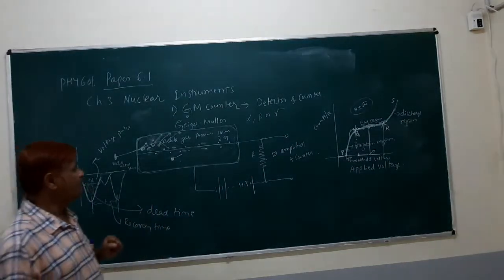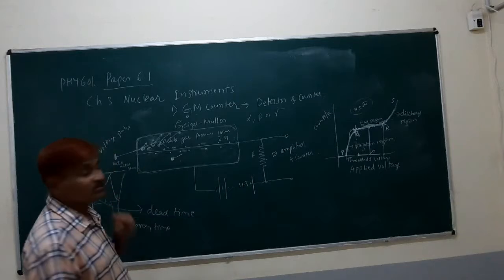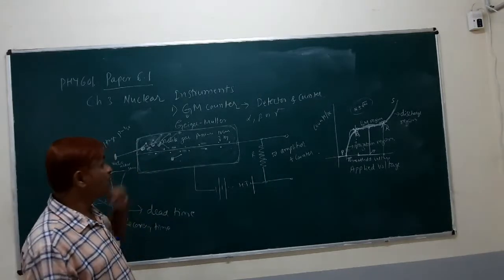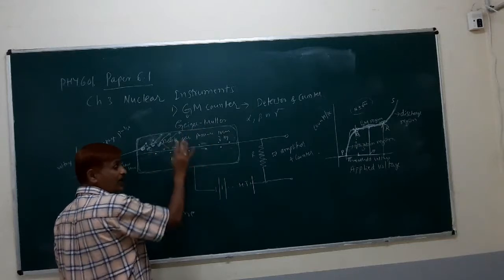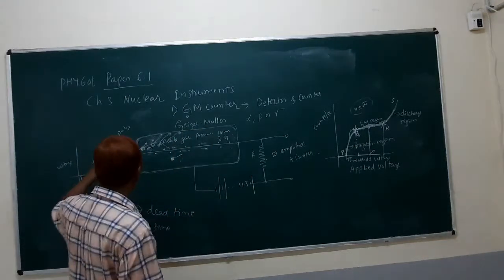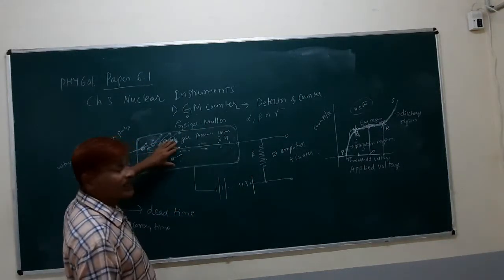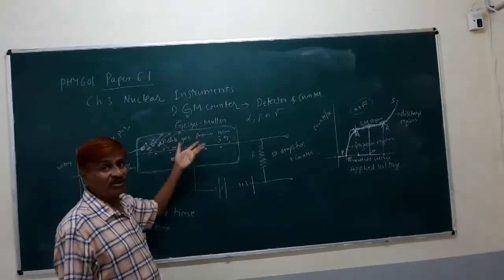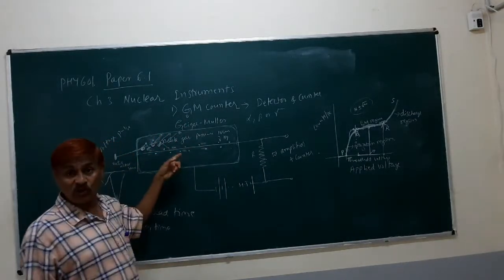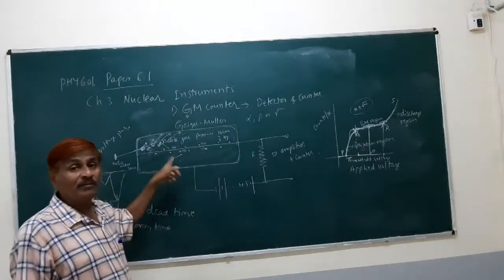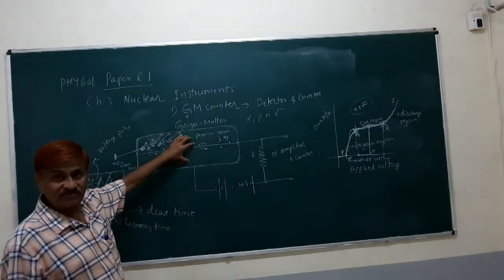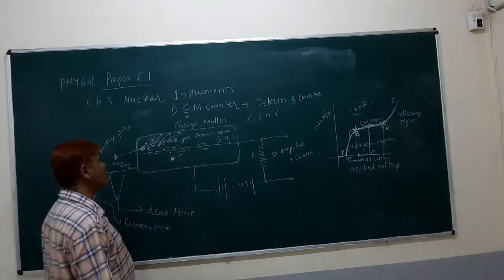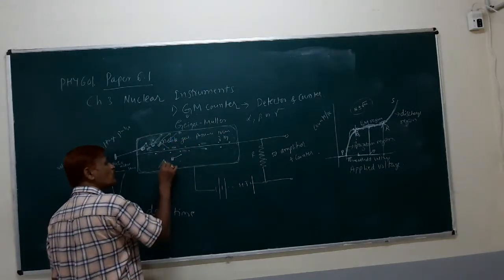The other thing you should remember is, if it is completely ionized and we want it to get ready again, it should be free from ionization to count another radiation coming into the counter. For that reason, we should stop the ionization, so we add some more gas.